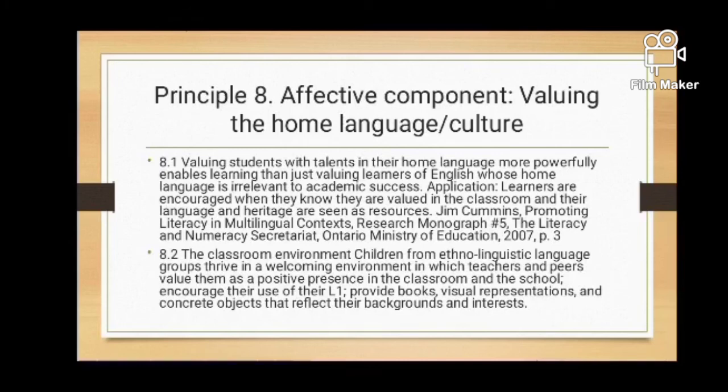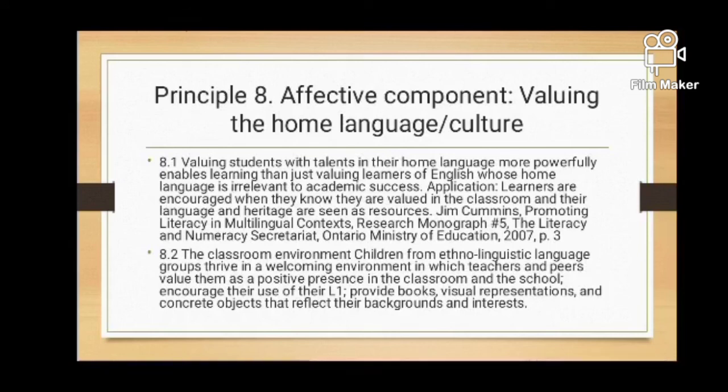For example, the lesson that the teacher gives to them is related to their language and culture. So through this, the child is encouraged to participate in the lesson. And also, there is a high possibility that the talents of the learners are improved and they become competitive learners.